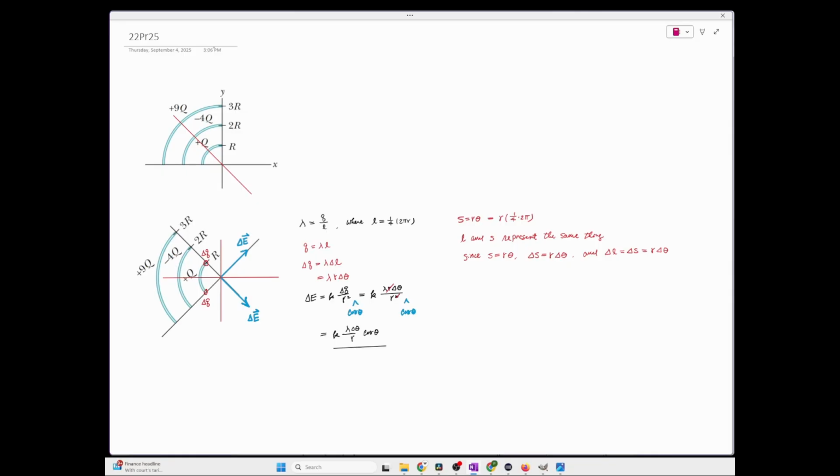And this expression is true for every element that we care to look at, which in turn means that we have a total of n elements, and we need to add them all up for the net electric field. But this is only an approximation, because that equation works only for a point charge.